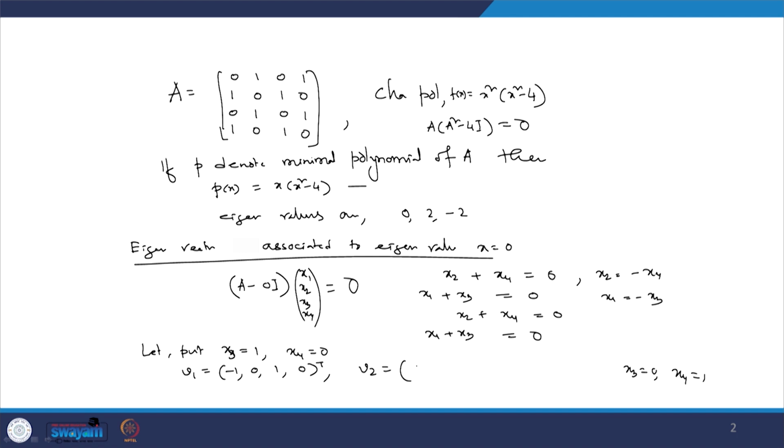So x1 is minus x3, so it will be 0, x2 is equal to minus x4, so it is minus 1, and x3 equal to 0, and x4 is 1. So, V1 equal to this and V2 equal to this quantity, please.